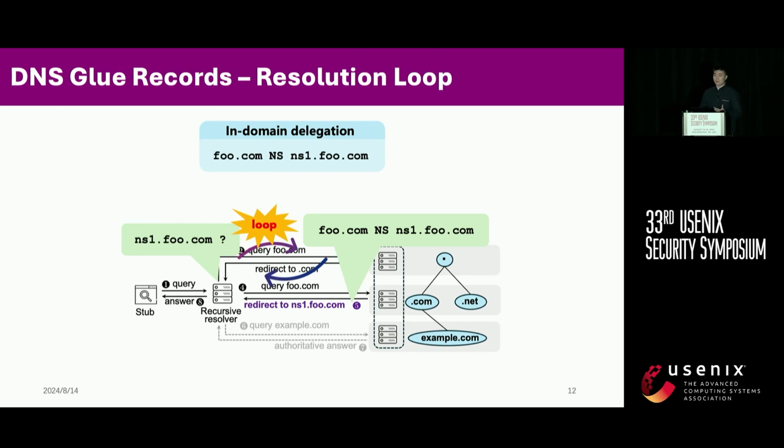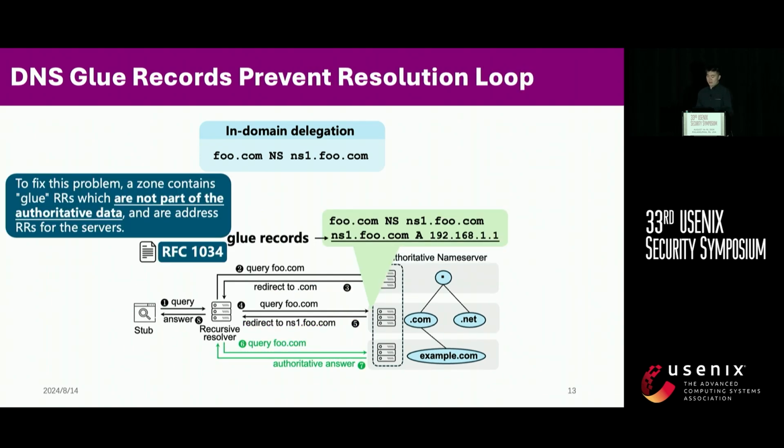But remember our domain in question. In this case, we need to resolve some domain under foo.com to get the answer of foo.com itself. So this causes a loop, and foo.com will never be resolved as a result. And here come glue records. Essentially, they point authoritative servers to their IP addresses.